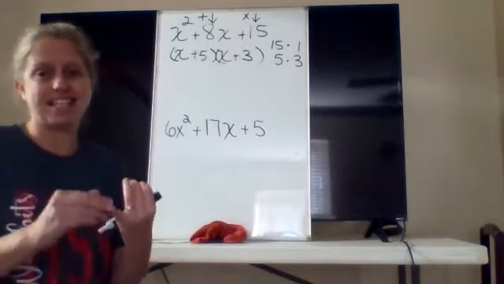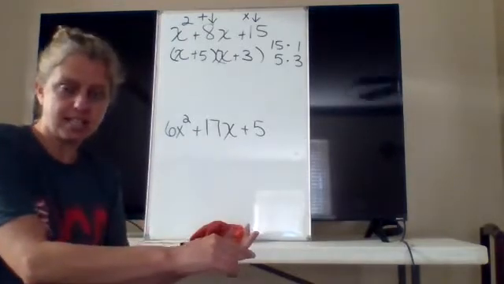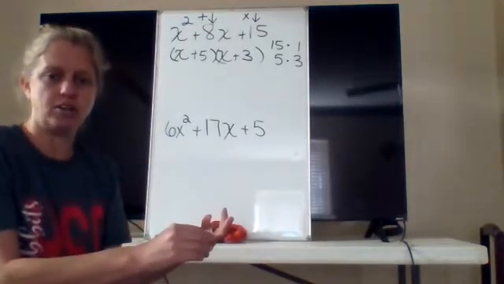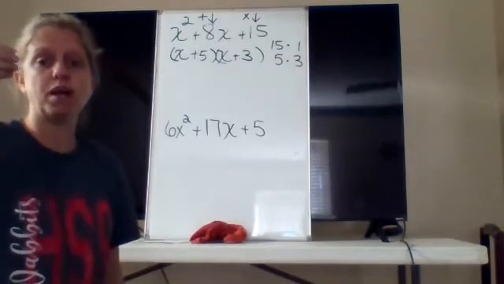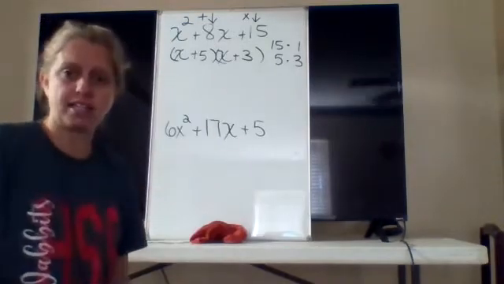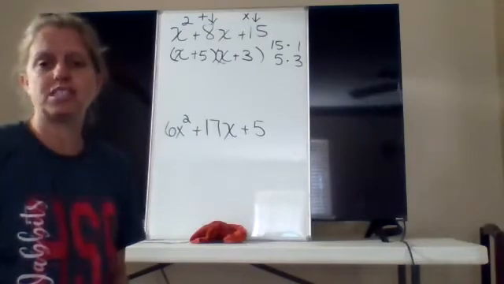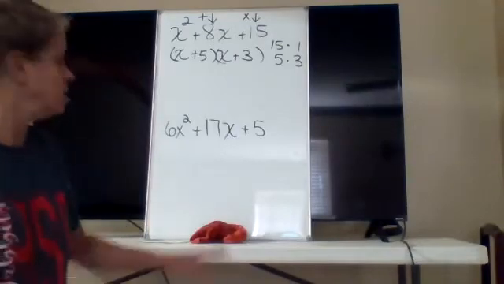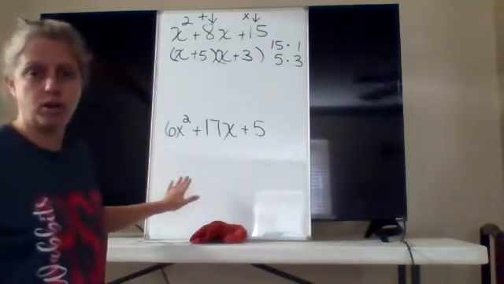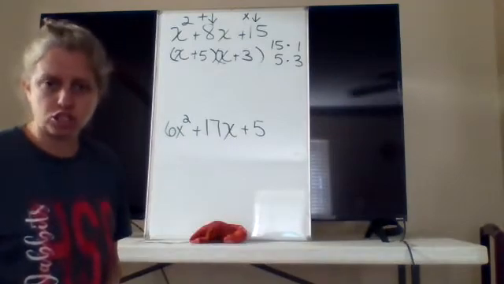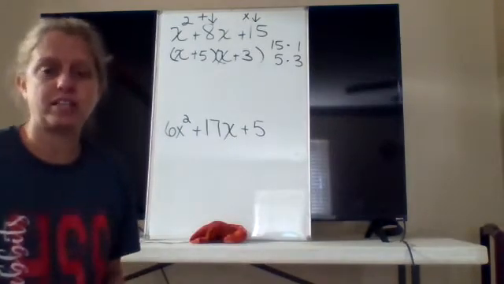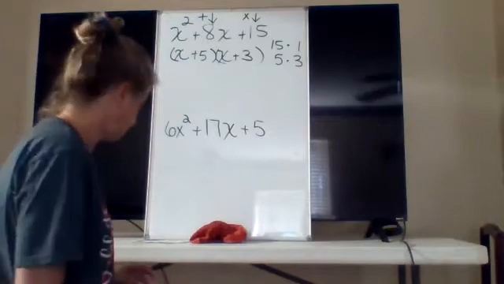You can either multiply 6x times x, that would be 6x squared, or you could multiply 3x times 2x, because that also equals 6x squared. So you don't know which numbers to start with. So that's why we have this other method.